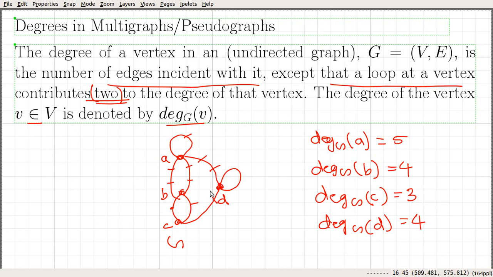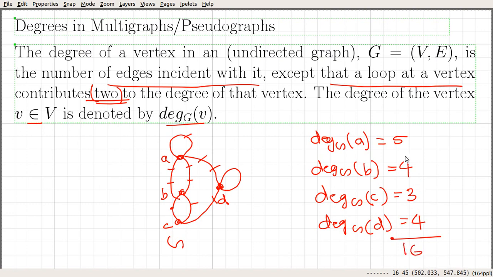Okay, here again we can see that these kinds of graphs do satisfy the handshaking lemma. So if you add the degrees you get 9, 12, 16.